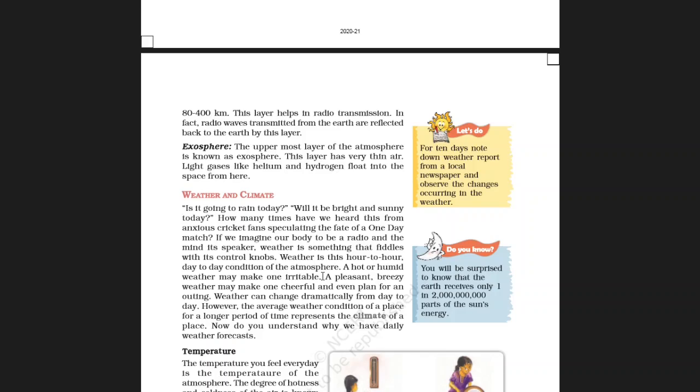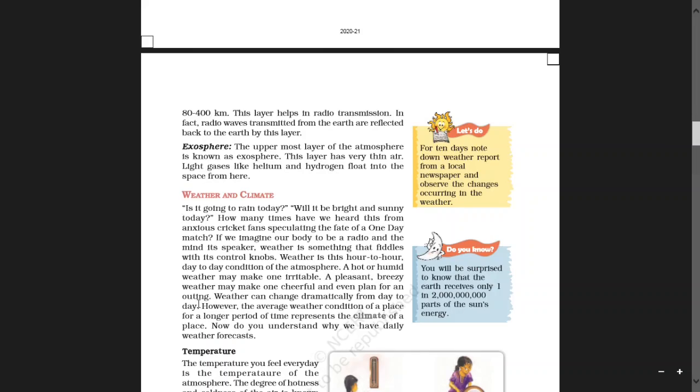We won't like this weather. A pleasant breezy weather may make one cheerful and even plan for an outing, to go outside.